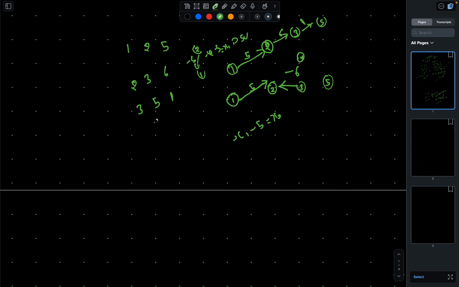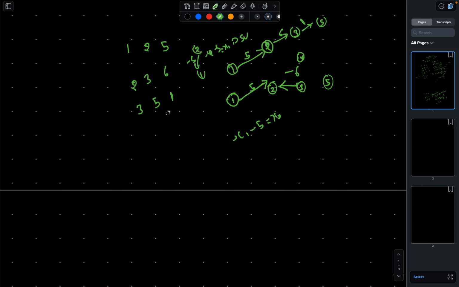Now we have another edge, 3 to 5 is 1. Again, we don't take the rank of the node, we rather take the rank of the ultimate parent. So the ultimate parent of 3 is 2, and the rank of 2 is 1, and the rank of 5 is 0. So again we should merge 5 into 2. Now in this case, how are we going to merge this?